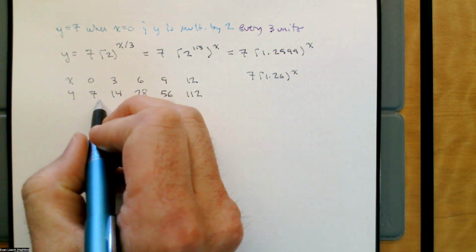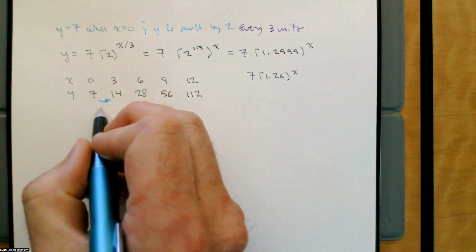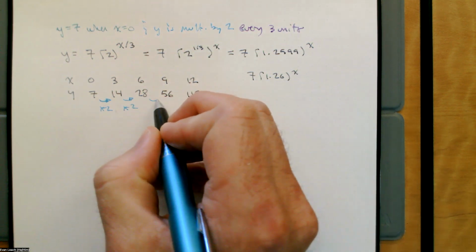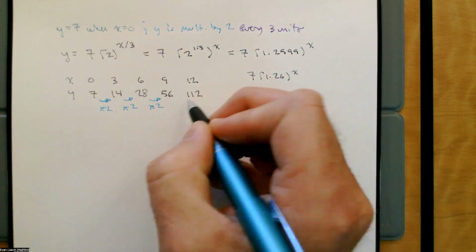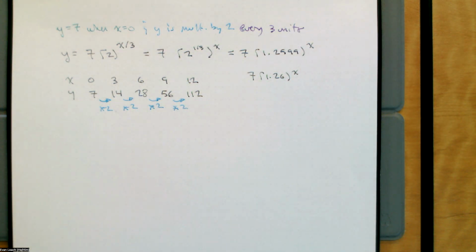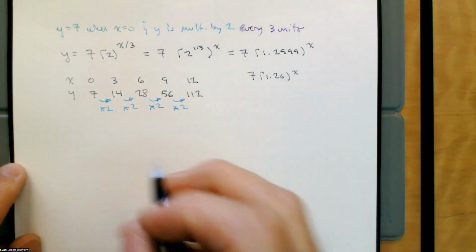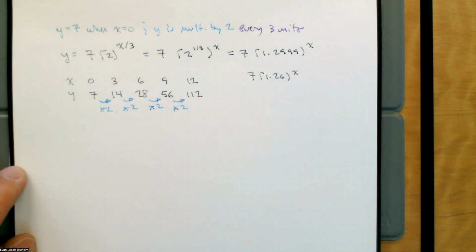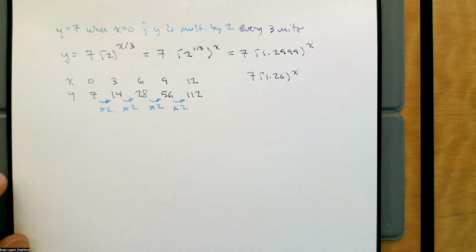So here we're multiplying by 2 this whole time: times 2, times 2, times 2, times 2. But if we look at the rate of change, just how much we're adding, the amount that we've added, that's not purple, red will work.